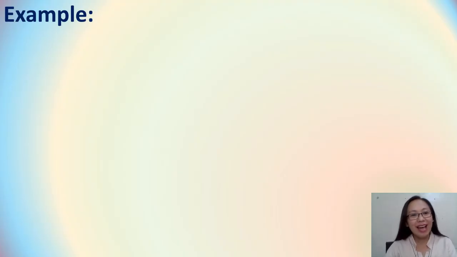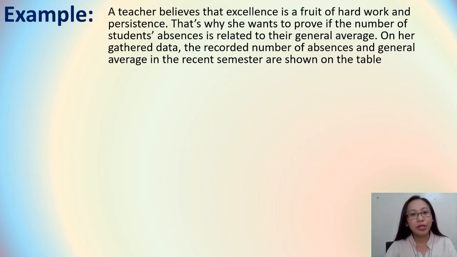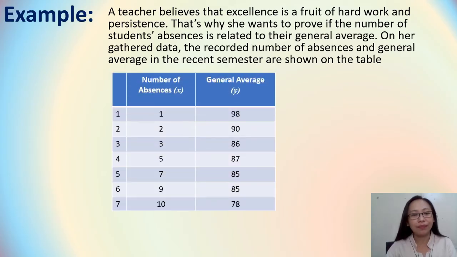To illustrate that, let us look at this example. A teacher believes that excellence is a fruit of hard work and persistence. That's why she wants to prove if the number of students' absences is related to their general average. On her gathered data, the recorded number of absences and general average in the recent semester are shown on the table below.